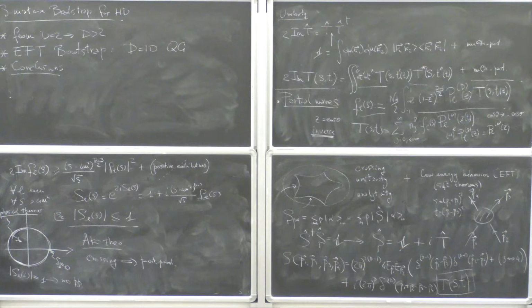Exactly. Well, from a Lagrangian perspective you can have these things, but from the S-matrix point of view, a free theory is just all partial waves equal to 1.